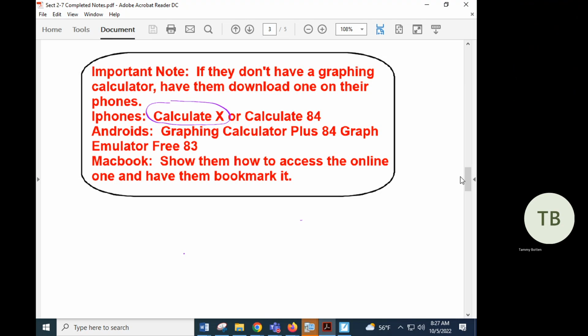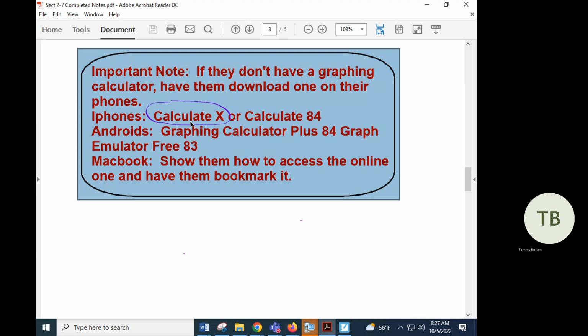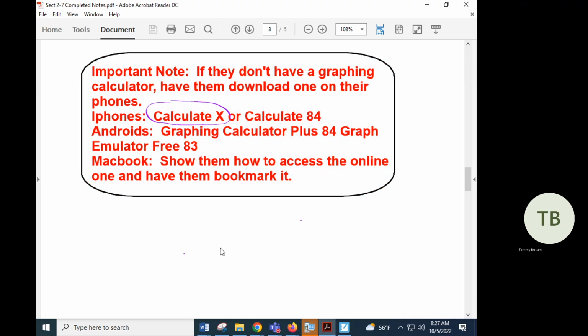So what I'm gonna have you guys do is on an iPhone, search for Calculate X and download that. That would be a graphing calculator. On an Android, you want to search for this whole thing. So just go to your app store, and if you have an iPhone, Calculate X. If you have an Android, go to your app store.